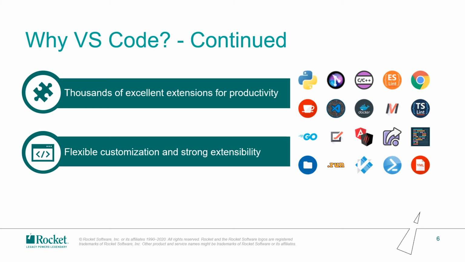And there are thousands of excellent extensions in VS Code's marketplace. You could install extensions to add new languages, themes, debuggers, and connect to additional services. And all extensions run in separate processes, ensuring they won't slow down the editor. Almost all programming languages are supported: Python, Rust, Go, and so on.